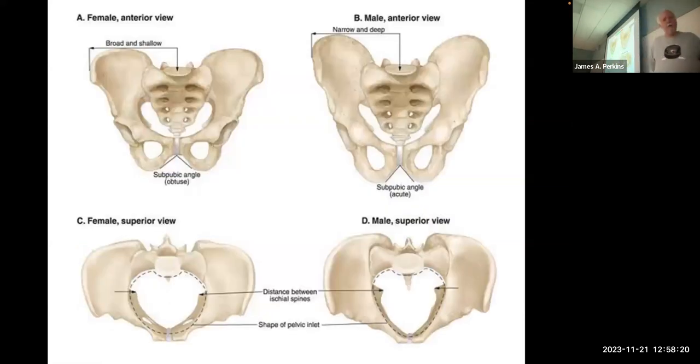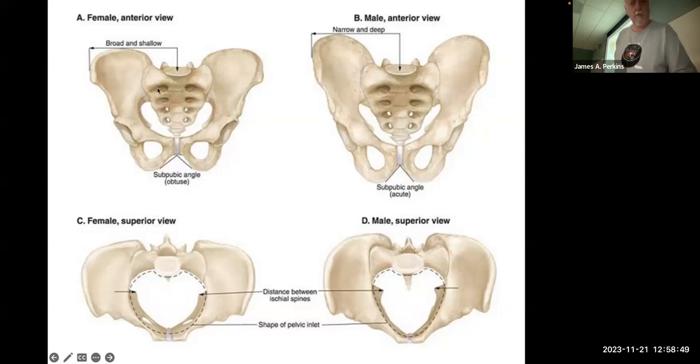Okay, one last thing about the pelvis before we move on. There are a number of distinct differences between the male and female pelvis. And you probably are aware of this fact. And of course, it's related to childbirth. So there are differences in the shape of the pelvis itself, and in particular, the shape of the pelvic outlet down here, which is basically where the birth canal would be.